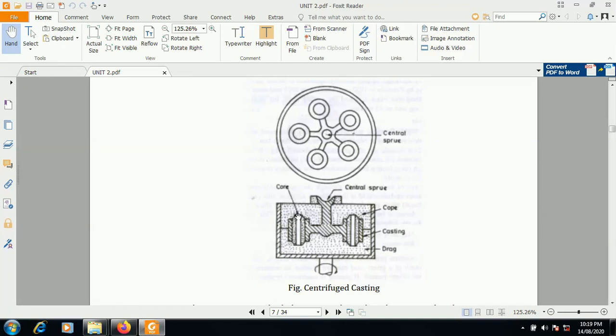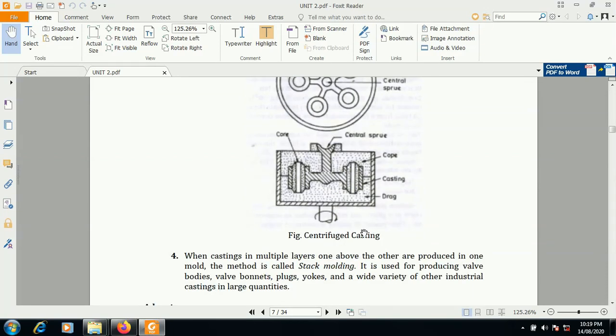The central hole is made by using a core. Only in true centrifugal casting can you manufacture a hollow casting without a core, but in centrifuge and semi-centrifugal casting you need to use a core to make internal details on the hollow casting.